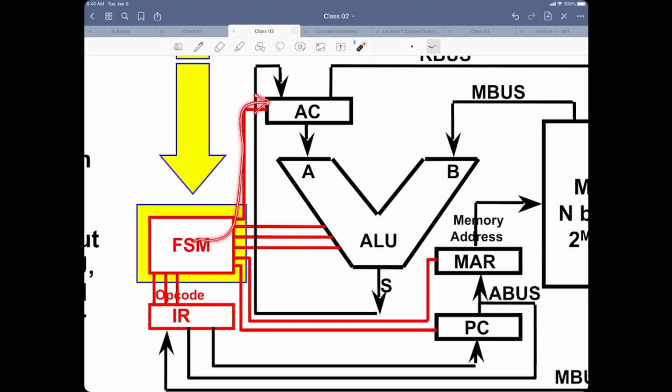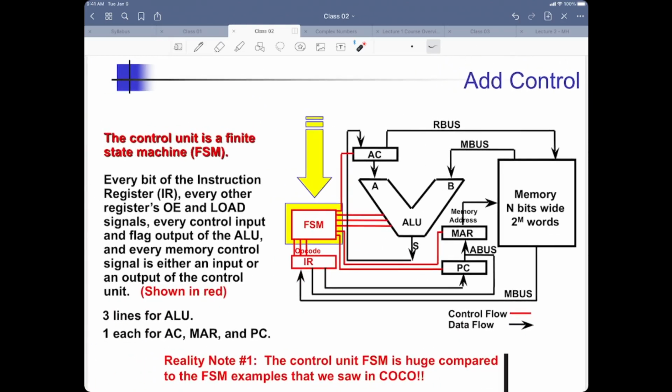Sending the load and output enable signals to all the registers. All of those are marked in red. So that's your control unit, which is your biggest finite state machine. Everything else is the same, right? Everything else in the picture is the same. In terms of our data path, we are there. Control unit, we just added.